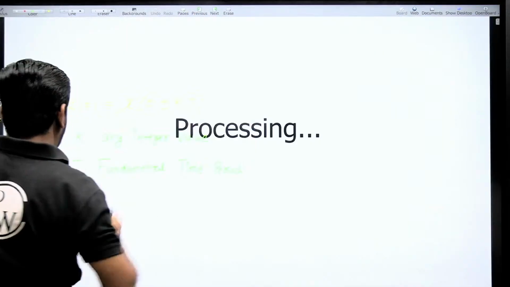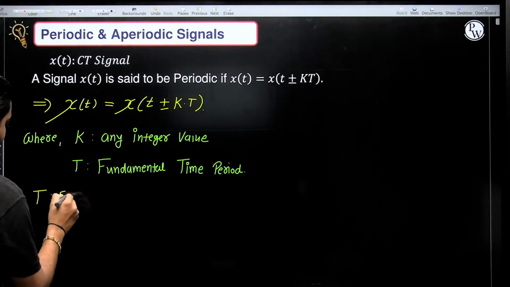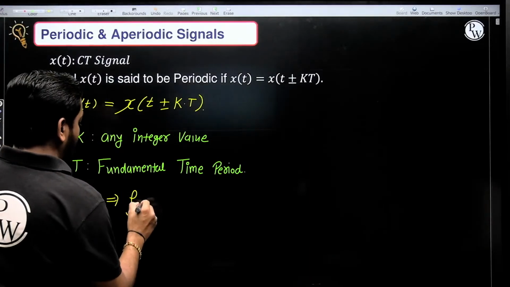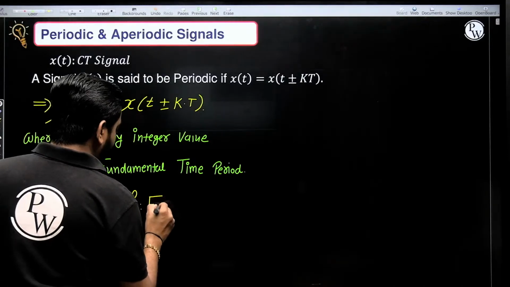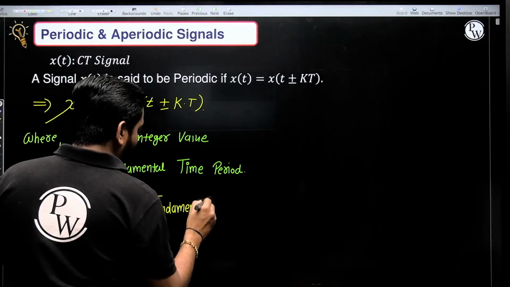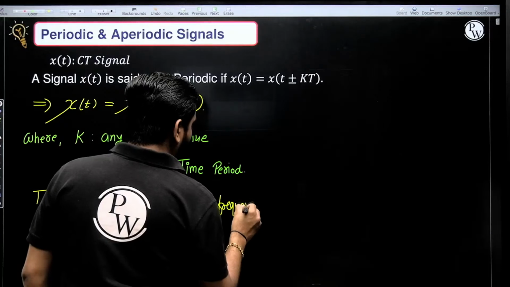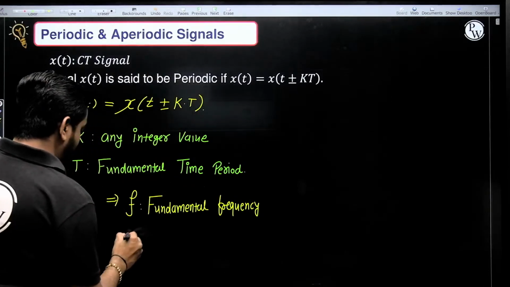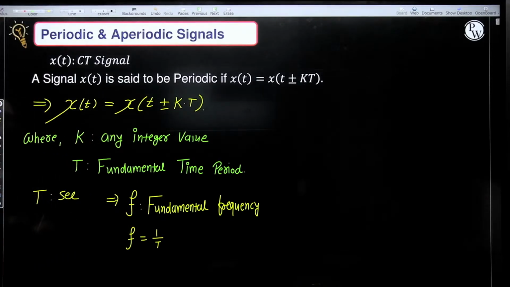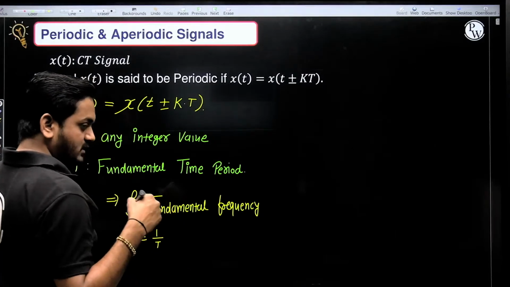And what is the unit of this fundamental time period? The unit is second. And the fundamental frequency, guys, F, is nothing but the inverse of the fundamental time period. So what is the unit? Second inverse, or the well-known unit is hertz.